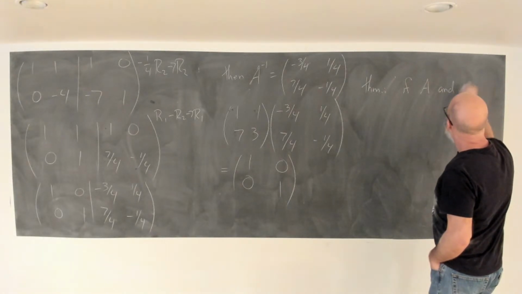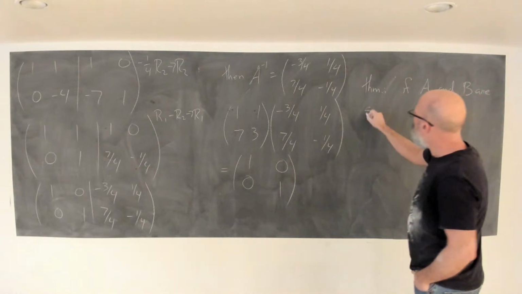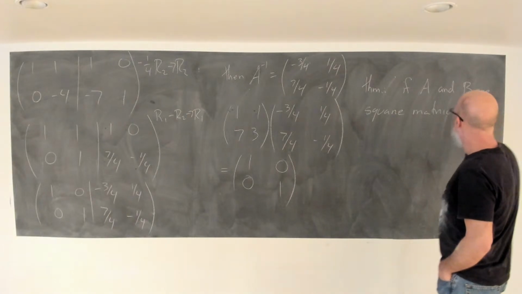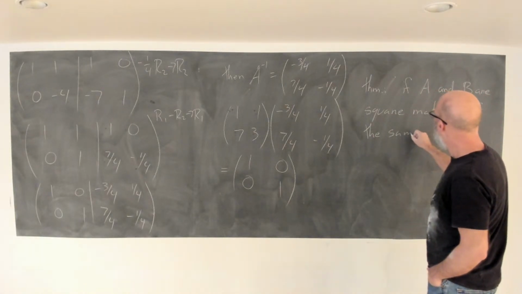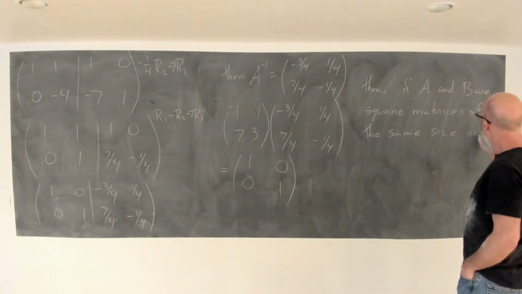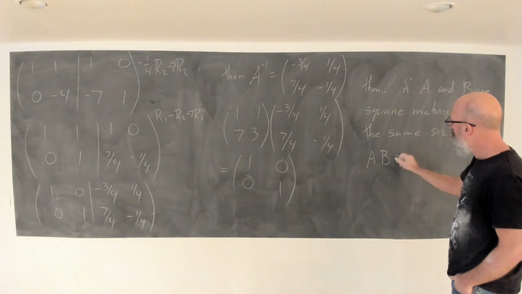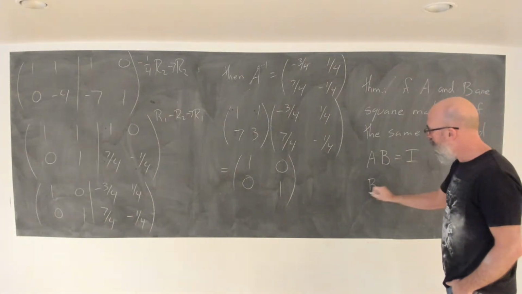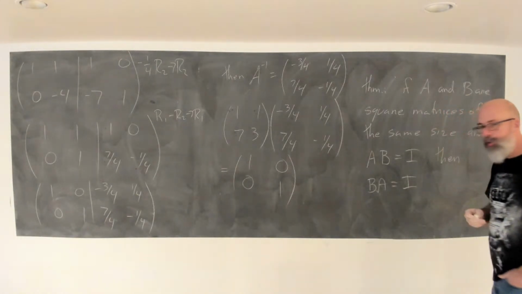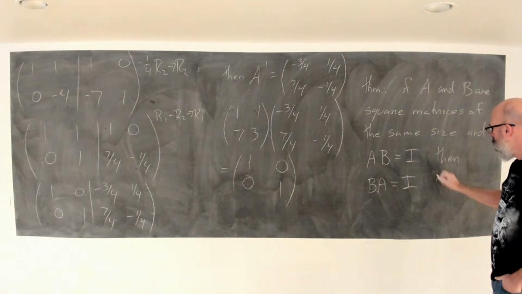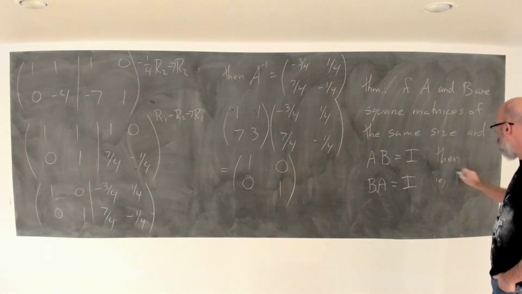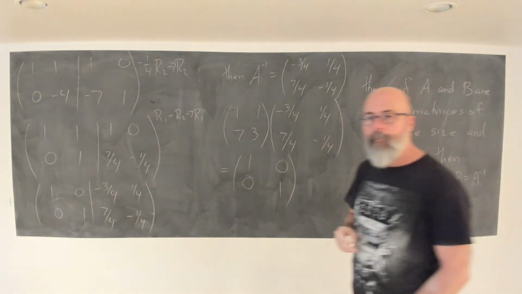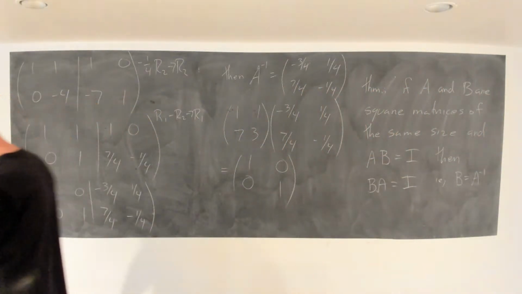If A and B are square matrices of the same size, and A times B is equal to the identity, then the other way will be true as well. So if one product is the identity, so is the other one.